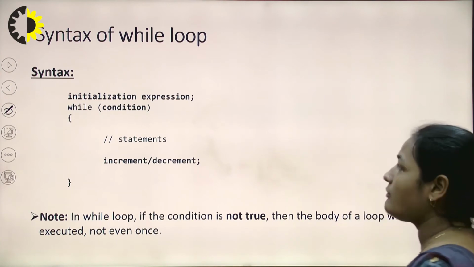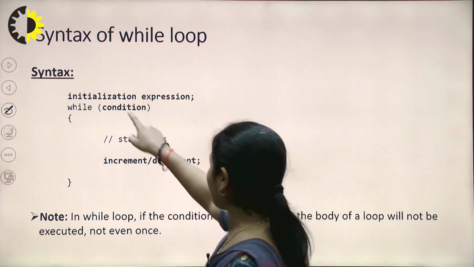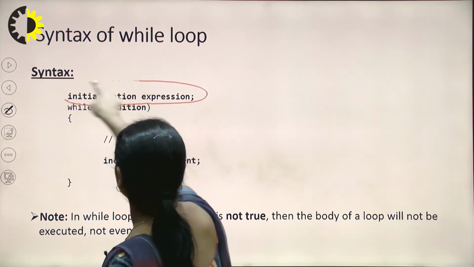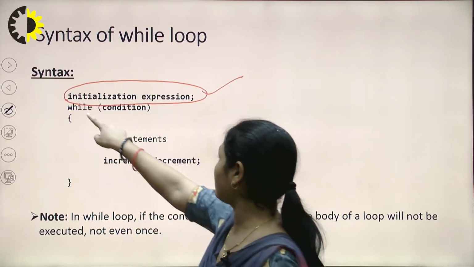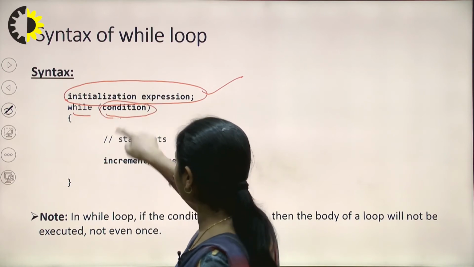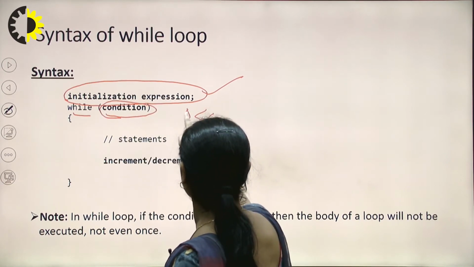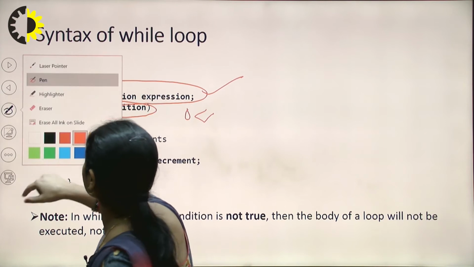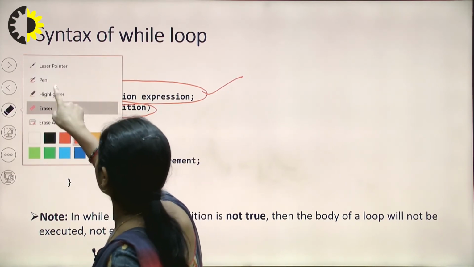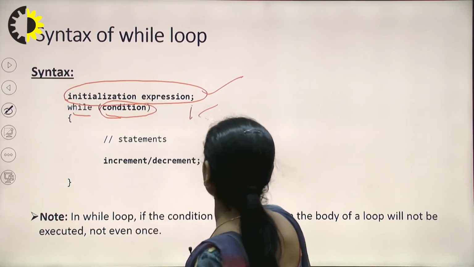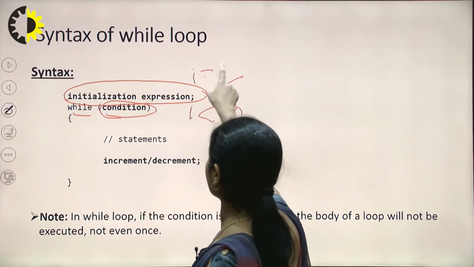In the syntax of the while loop, the initialization expression comes right before the start of the loop. After that we write while and give the condition. For example, i is less than 10, and here we give i as 1.